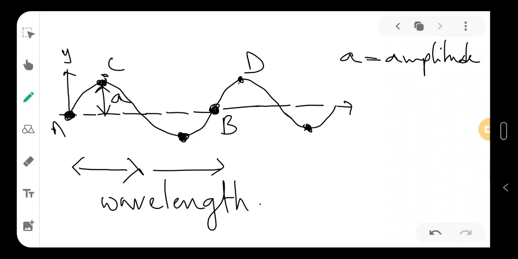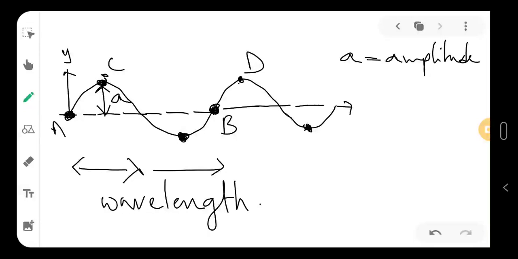Okay, what is the time period? From point A to point B, a complete wave of energy goes on. Let me make a simpler statement.